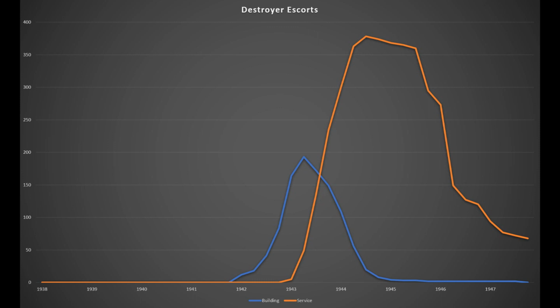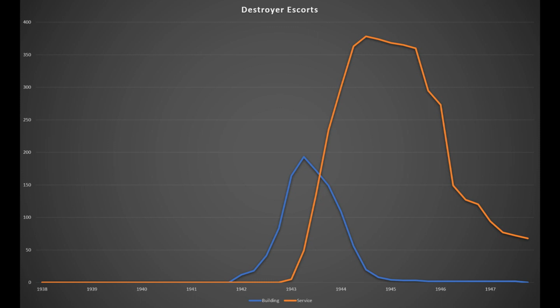There's basically none left on the slipway because it's very obvious that they have enough. Just look at that orange line, and the US is no longer ordering them, and they have like 1 or 2 that are still under construction for various purposes in the immediate aftermath of the war, but that's about it.